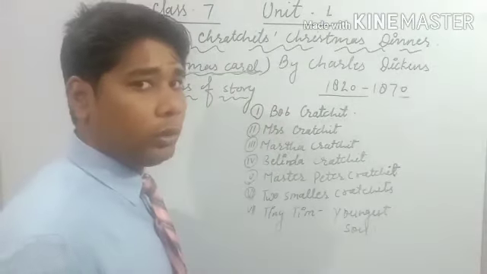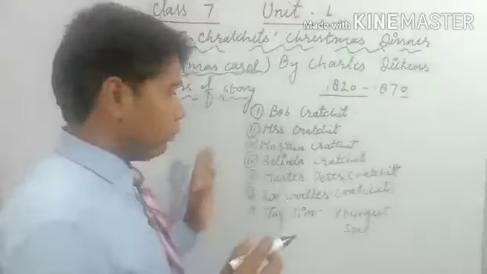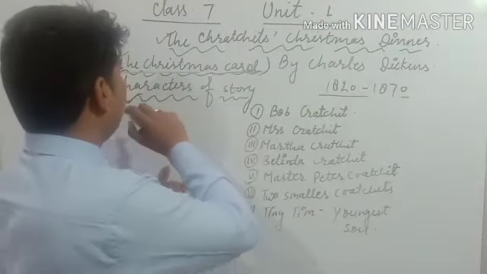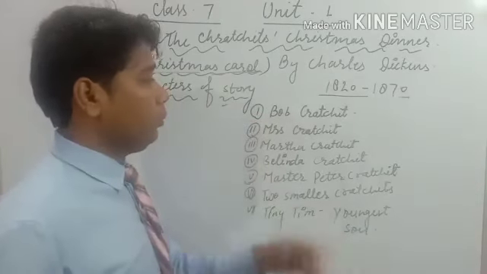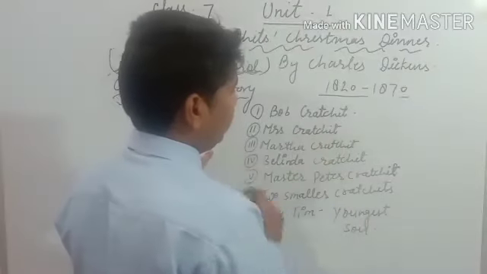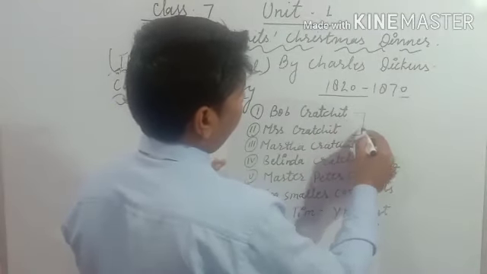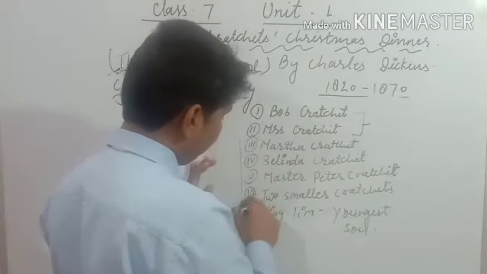This is very important to you, dear students. Now come to understand the characters of the story. First character is Bob Cratchit. Bob Cratchit and Mrs. Cratchit were husband and wife, the father and mother of these children.